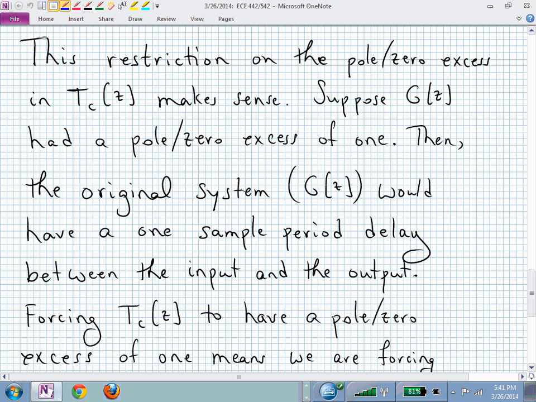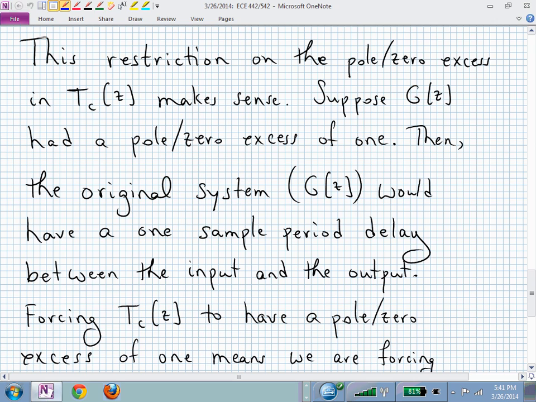The restriction on the pole zero excess in T sub C of Z makes sense. In your ideal, that's what we're trying to make happen by the choice of our controller C of Z. So here, suppose G of Z has a pole zero excess of 1.